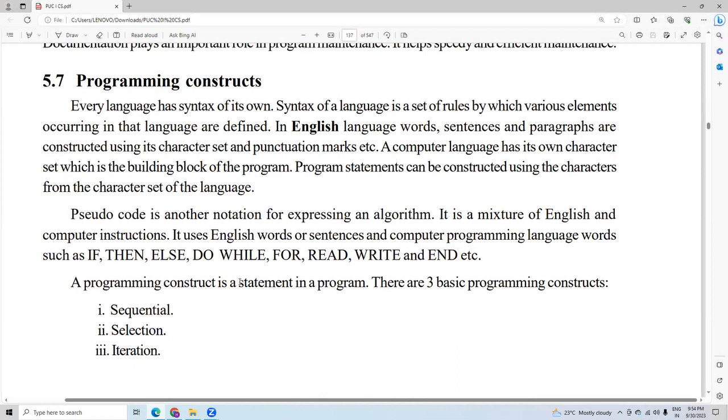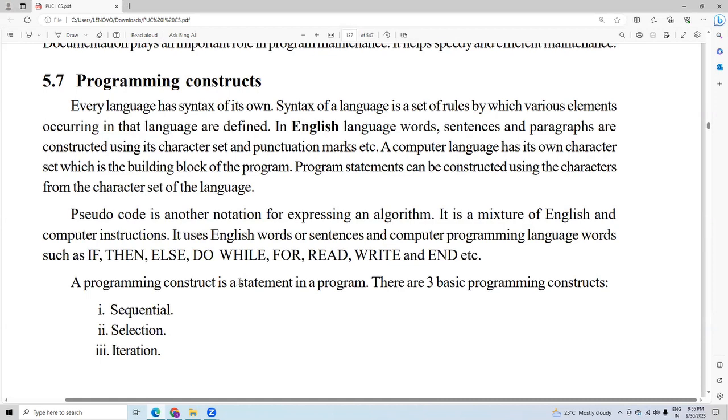So that syntax will tell the programmer how exactly that statement should be written. Right. In the English language, words, sentences, paragraphs are constructed using a character set and punctuation marks. A computer language will also have its own character set, which are the basic building blocks of the program. Right. So that character set is required.